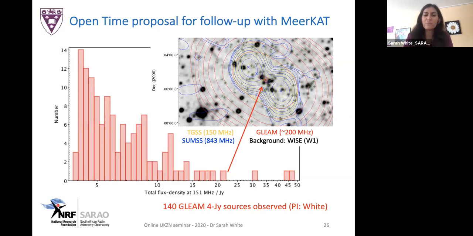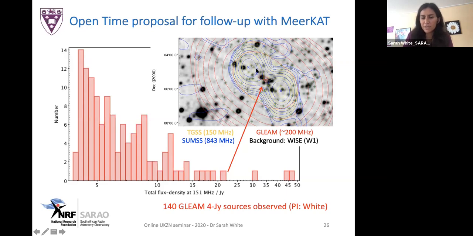But the sources we picked out were the ones where the existing radio images are just too poor resolution to understand what is going on, what is the exact morphology, but more critically, where is the host galaxy for that radio emission? Now we need to know that exact galaxy if we want to bring in a multi-wavelength perspective of these sources and cross-match information at different wavelengths.